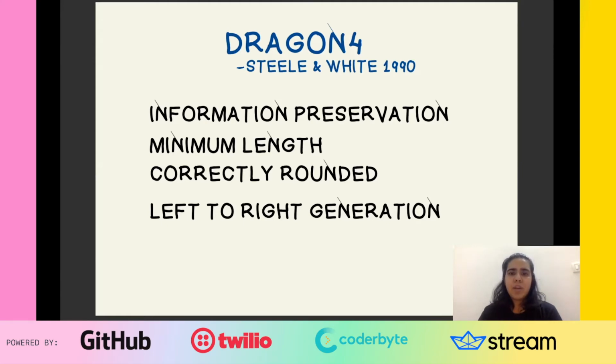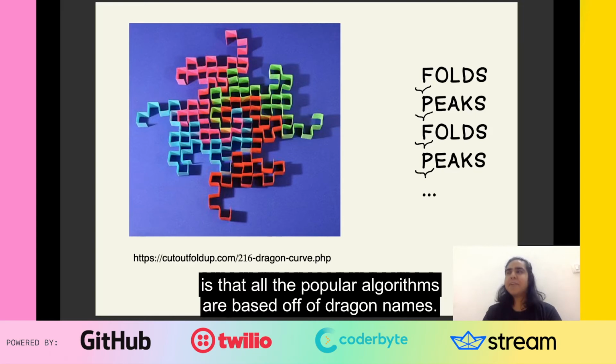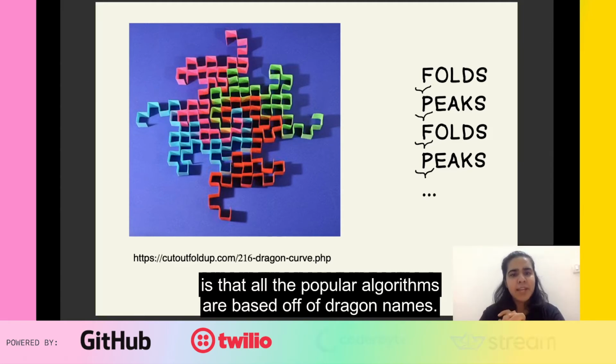And one of the completely useless facts about printing floating point algorithms is that all the popular algorithms are based off of dragon names.